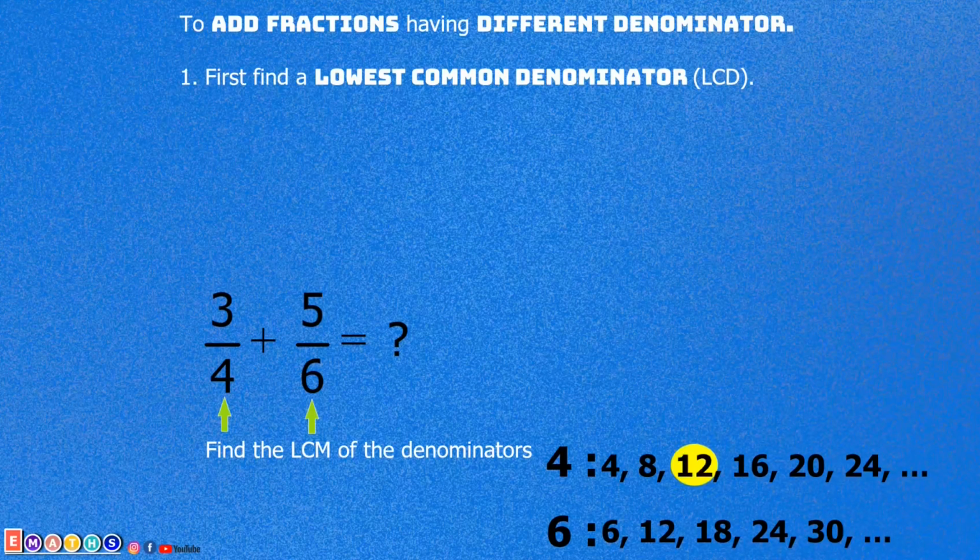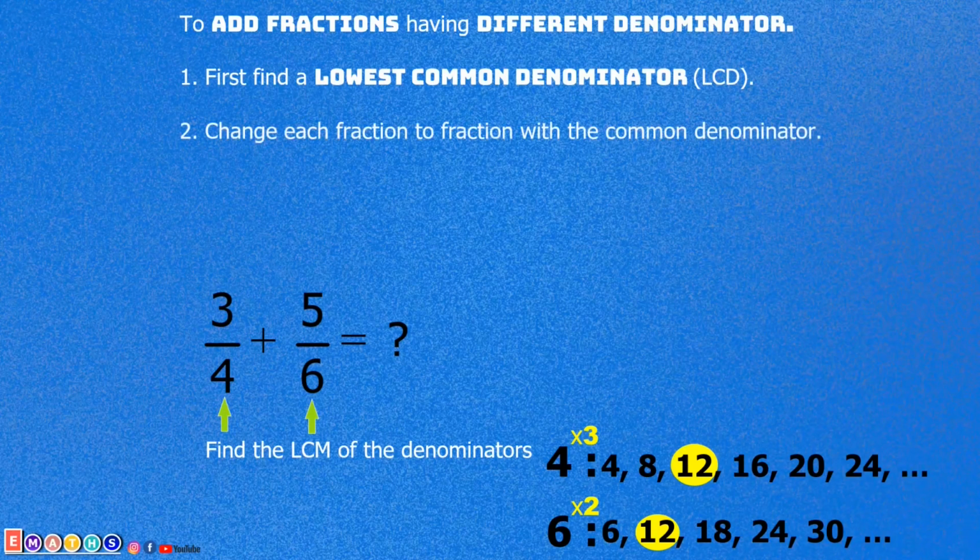Here we found a common number, 12, for our denominators. For the first fraction, to get 12 in the denominator, we multiply by 3. For the second fraction, we multiply by 2.